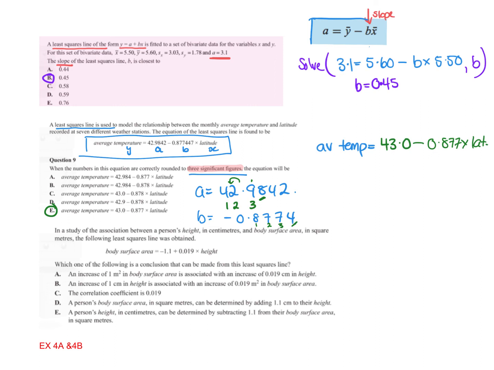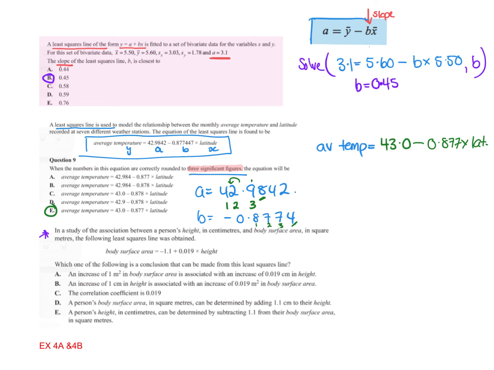Okay, let's do this last question. In a study between a person's height and body surface area in square meters, the following least squares line was attained. Which of the following conclusions can be made from the least squares line? So let's have a look.